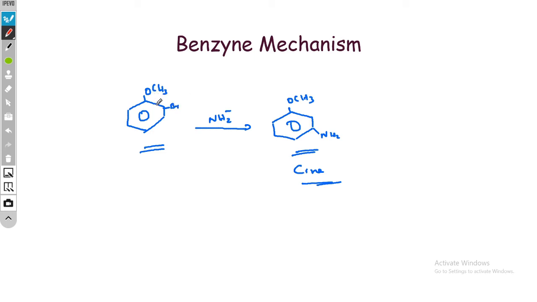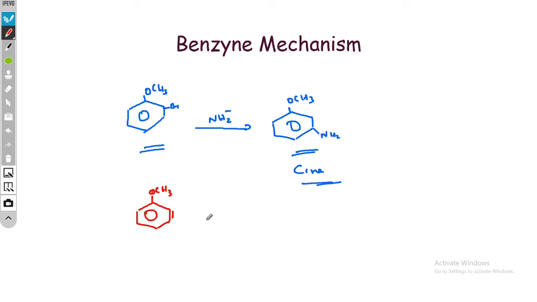We cannot form benzyne on this side because there is already a group. So the benzyne will form by the elimination of hydrogen from here. With OCH3, this will be the benzyne formed.